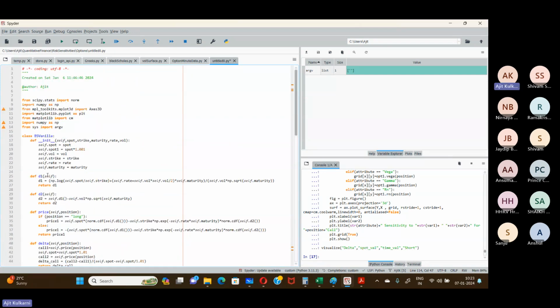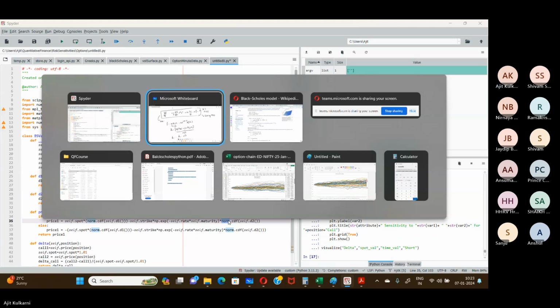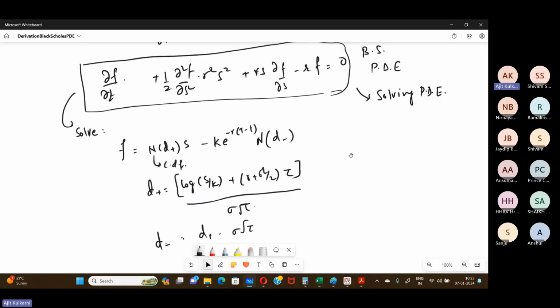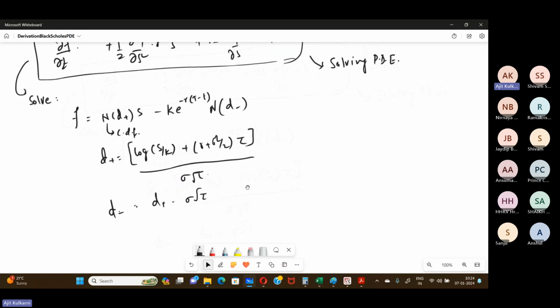You'll find d1, d2, N(d1), which is the normal CDF of d1, and N(d2), and so on. If you put in all the values, you get the price of a Black-Scholes long call option.